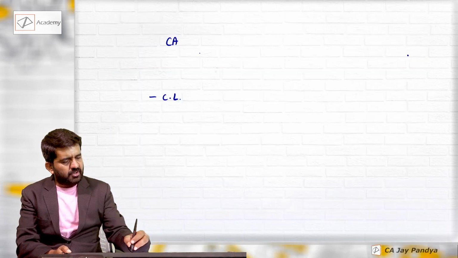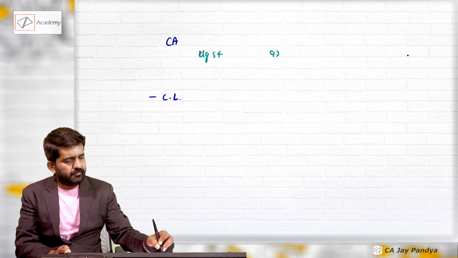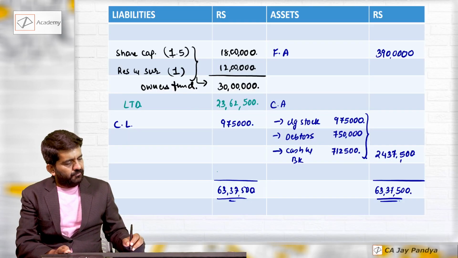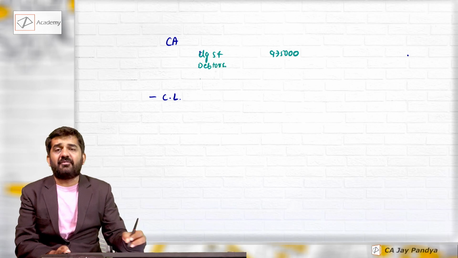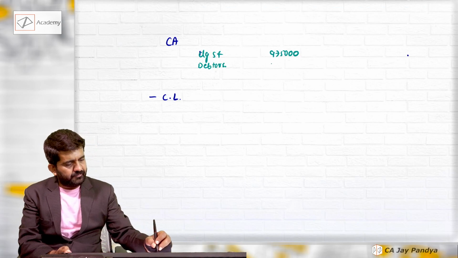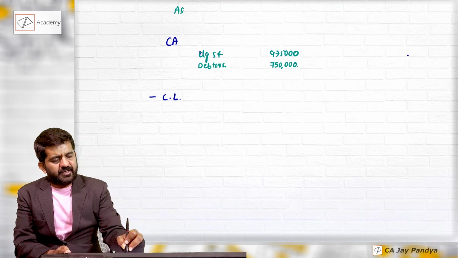For closing stock, 9,75,000. For debtors, the 7,50,000 we are taking at selling price. You can even take at cost price because the profit margin is available. 7,50,000.